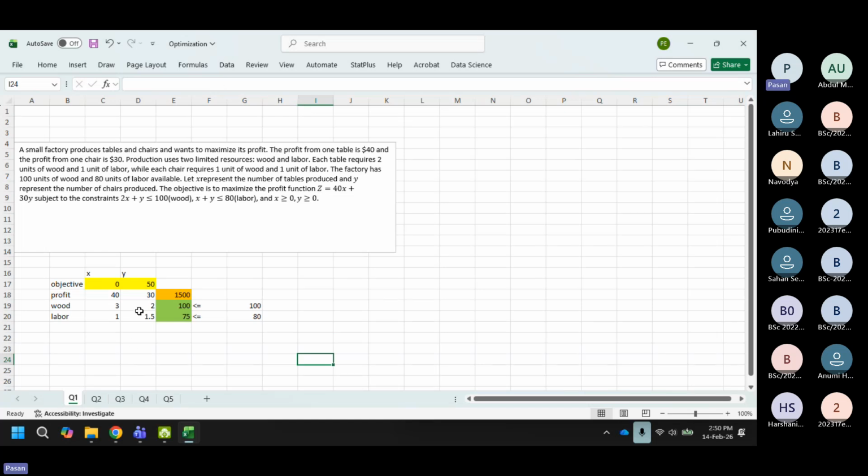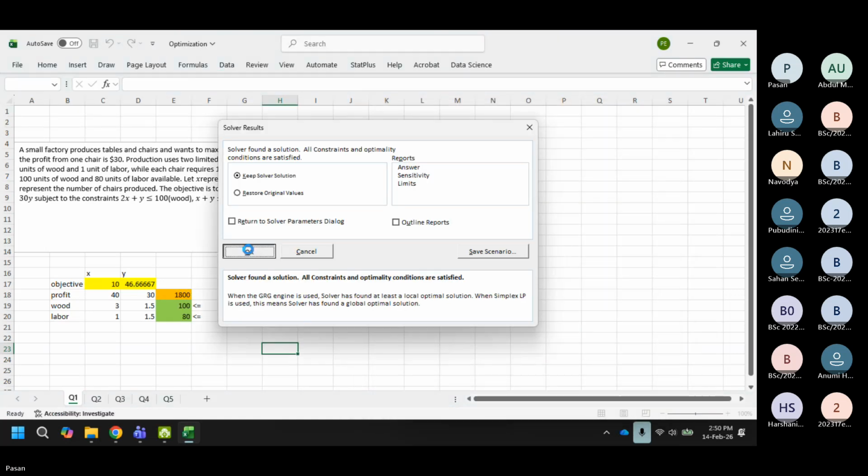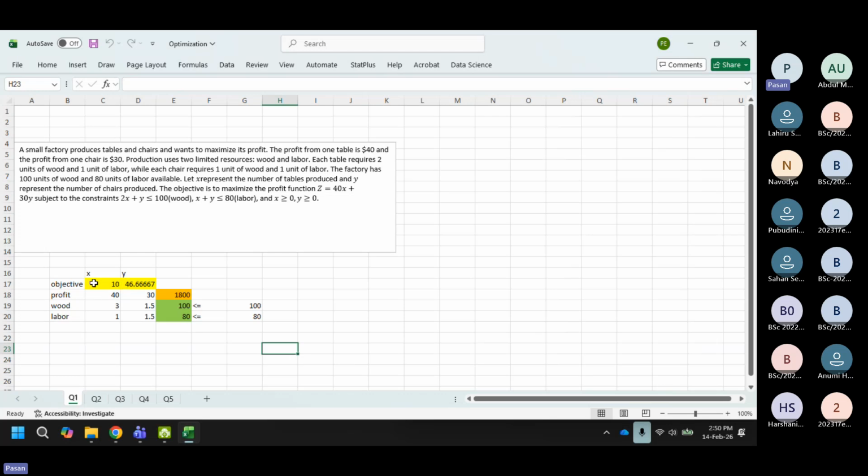No, no, that is still, I can make this to be 1.5. Now you can see that it's 10 and 46.6, right? So they are getting different values like that, right?